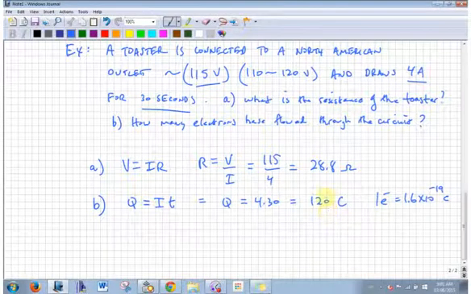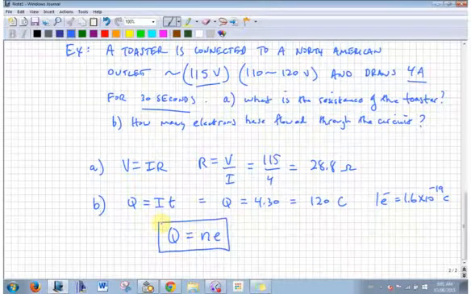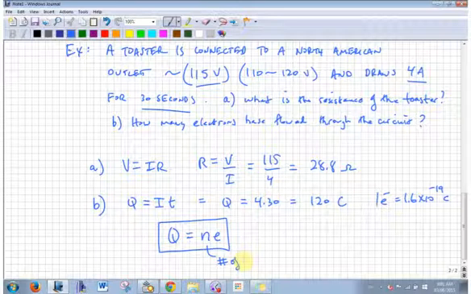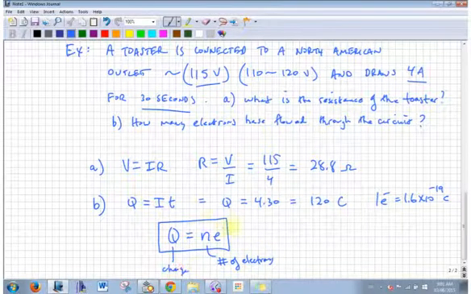So as a formula, which isn't on your formula sheet, but if you want to put it, feel free. So that's the number of electrons, right? That's charge. And that is charge of 1 electron. Okay, so I know Q is 120. I want to solve this thing for N.